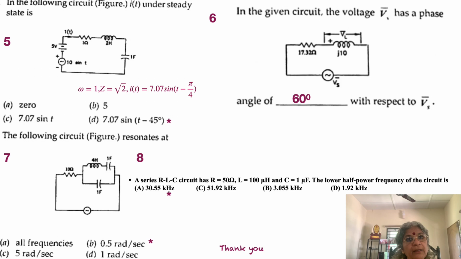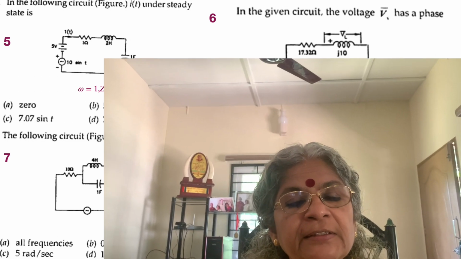In that sense you can select the answer, or else read through whatever is done here. There's another way to do the problem: R by L is the bandwidth, and the resonant frequency is the geometric mean of the two half power frequencies. You can substitute and find out.